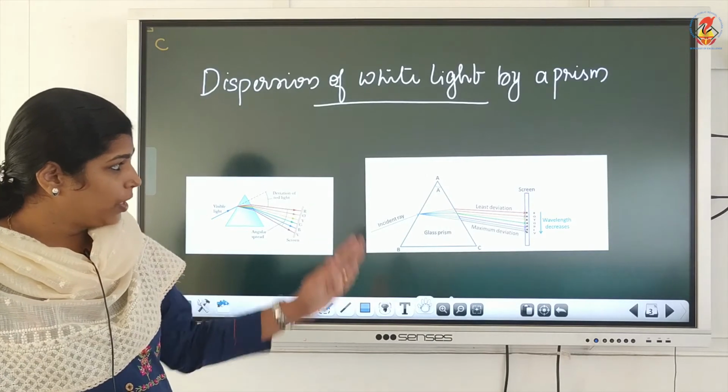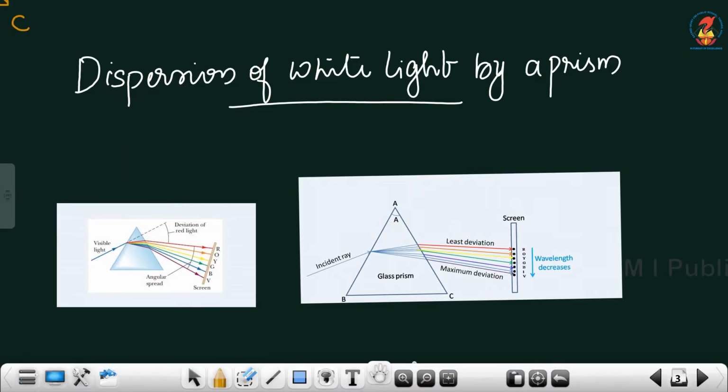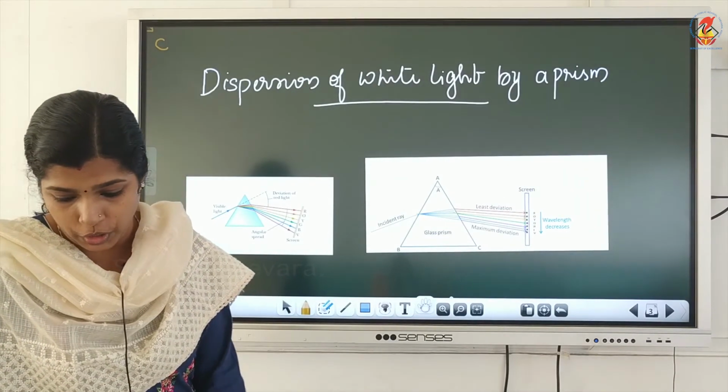You will get different colors on the screen in a particular order: violet, indigo, blue, green, yellow, orange and red. That short form is VIBGYOR.